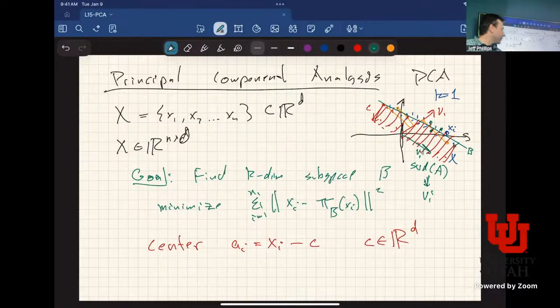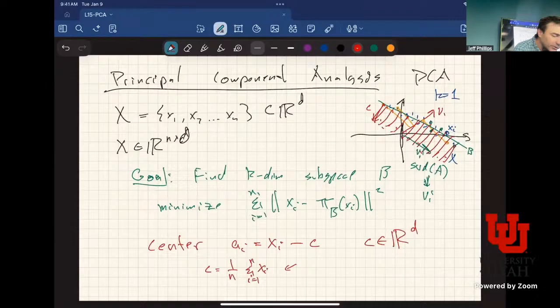How do I choose this vector C? It's just the mean. C is 1 over n, the sum from i equals 1 to n of xi. This is the mean. So I just subtract the mean off of every data point. I get back a vector Ai. This is true for every data point.